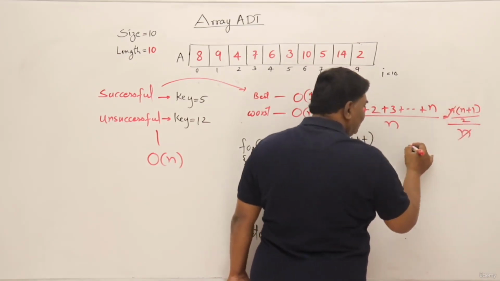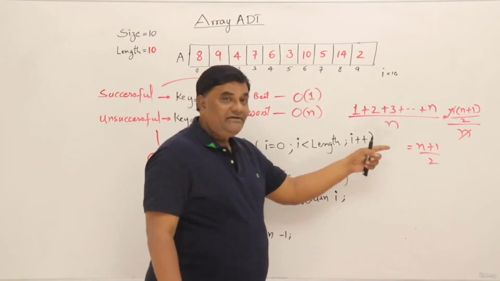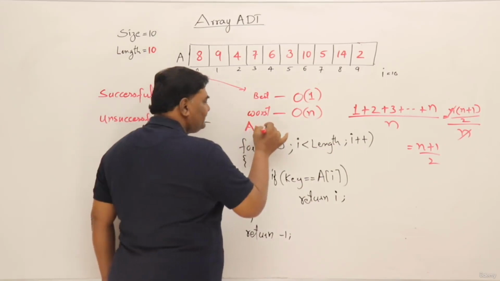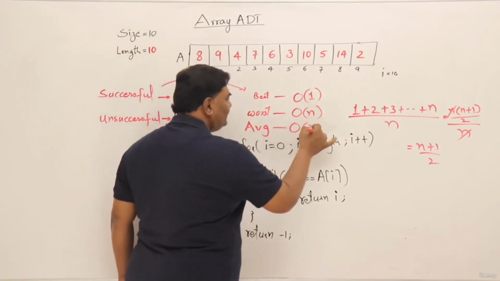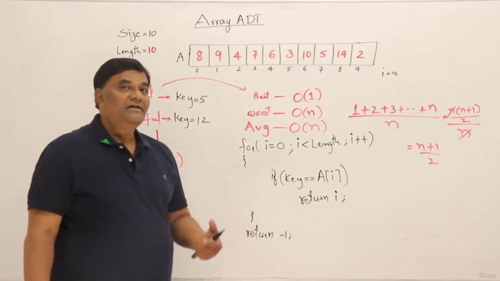N gets cancelled. So this is n plus 1 by 2. This polynomial is degree 1, that is order of n. So the average case time is order of n. So we have found the average case also.